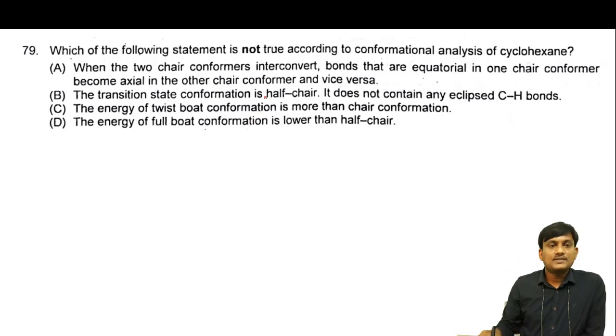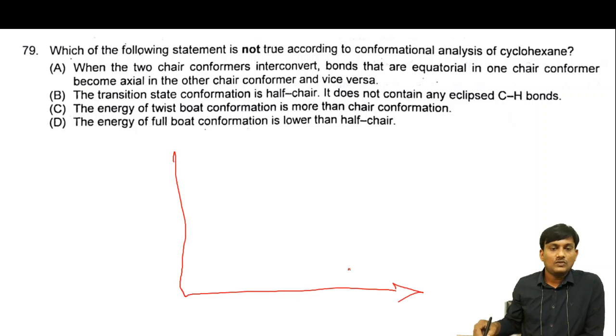Which of the following statements is not true according to conformational analysis of cyclohexane? Suppose you take the conformational isomers of cyclohexane, and this is the energy, for the C-C bond interconversion.